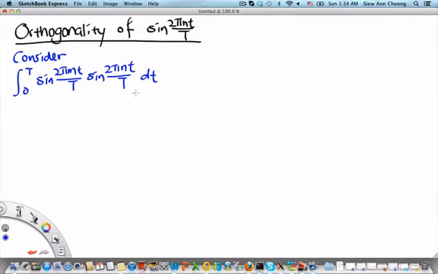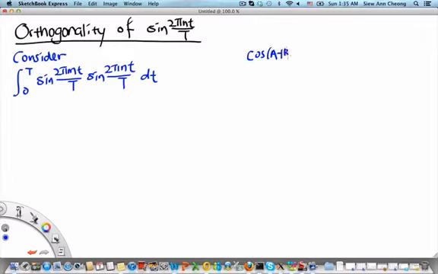Now, in order to evaluate this integral, we need to convert the product of two sines into the sum of two trigonometric functions. The identity that we will use is a multiple angle formula, but not of sines, but of cosines. So we will write those down.